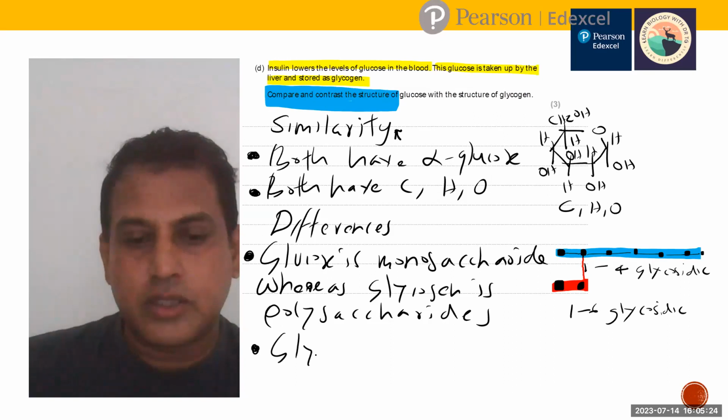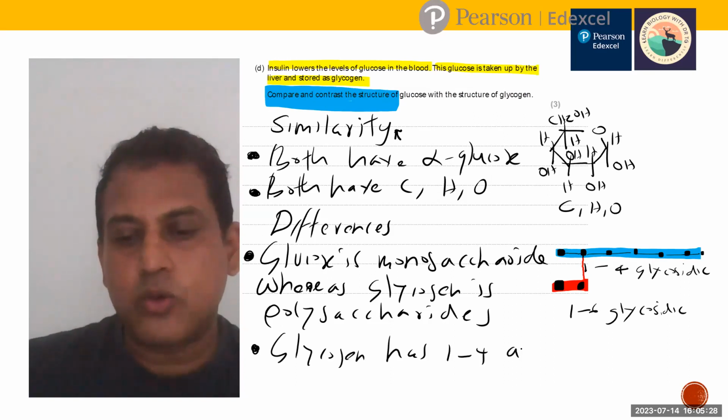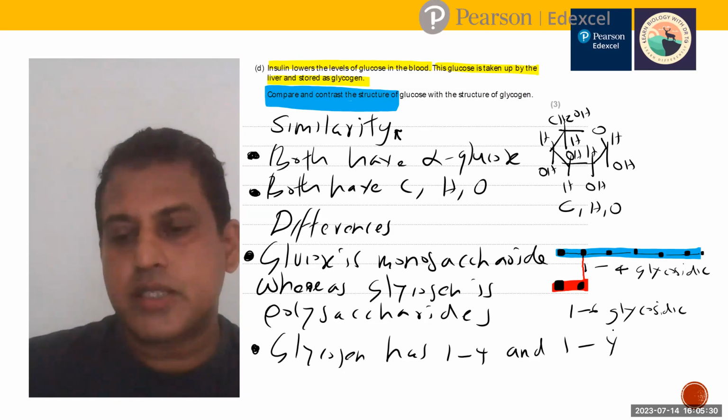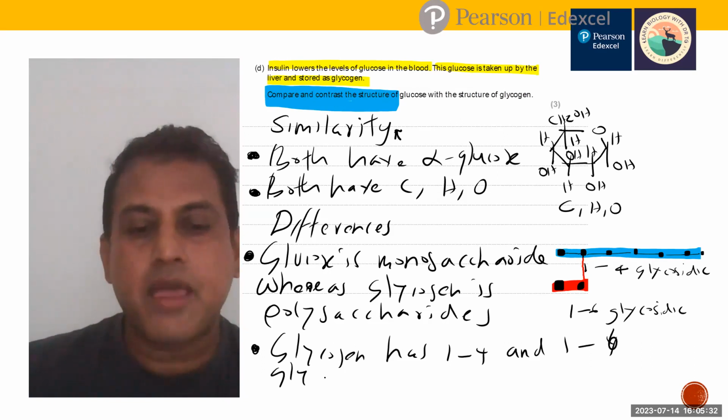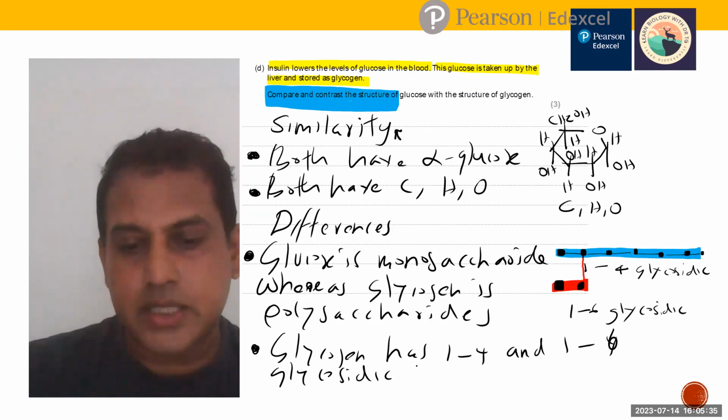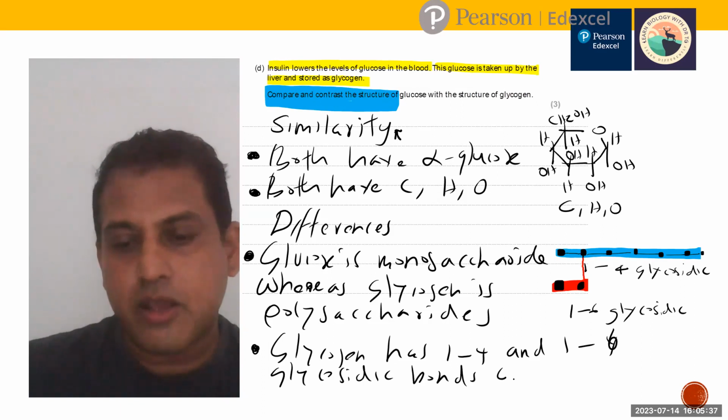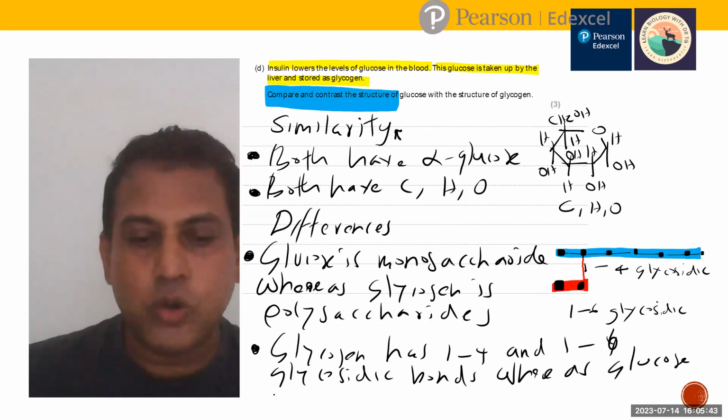So glycogen has 1,4 and 1,6 glycosidic bonds, whereas glucose has no glycosidic bond.